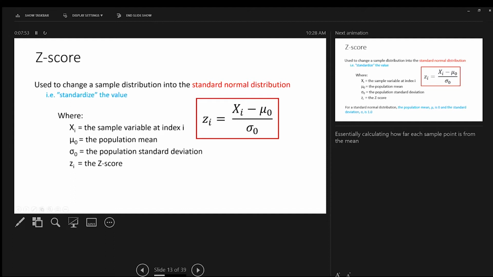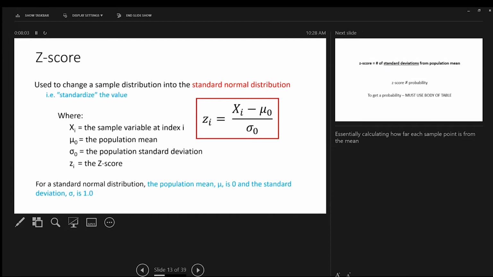But when we calculate a z-score using this equation over here, we're essentially standardizing the value. Because for a standard normal distribution, the population mean, mu, is 0, and the standard deviation, sigma, is 1.